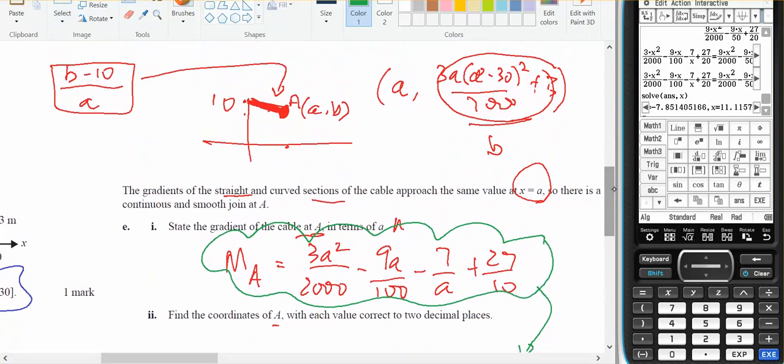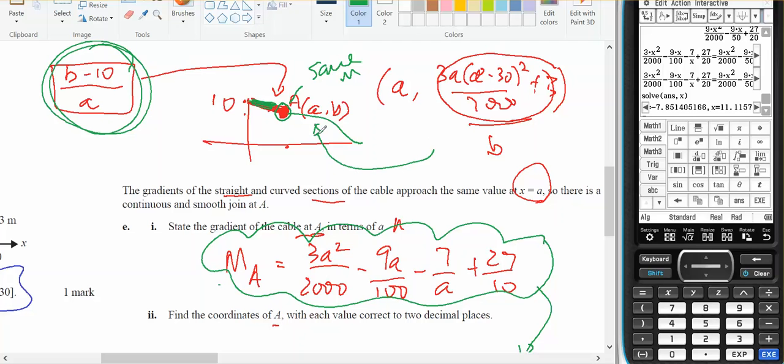So I've got my curve and I've got this straight line, and at this point it's the same gradient. This is an expression for the gradient along here, because I got it by using the gradient of that line.